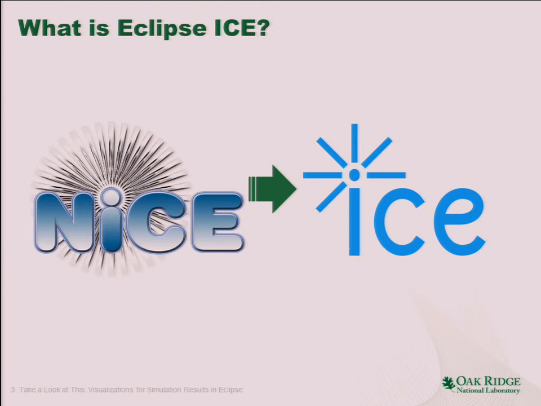So in our transition to an Eclipse project, we took that opportunity to do a little bit of rebranding, drop the leading N off our name, and reflect that we do more than nuclear engineering. Although in the Eclipse community, we prefer to be called ICE. The nuclear energy community doesn't necessarily enjoy that. So we didn't really change the name. We just added a name, and for you guys, we're ICE, and for the nuclear energy people, we're NICE.